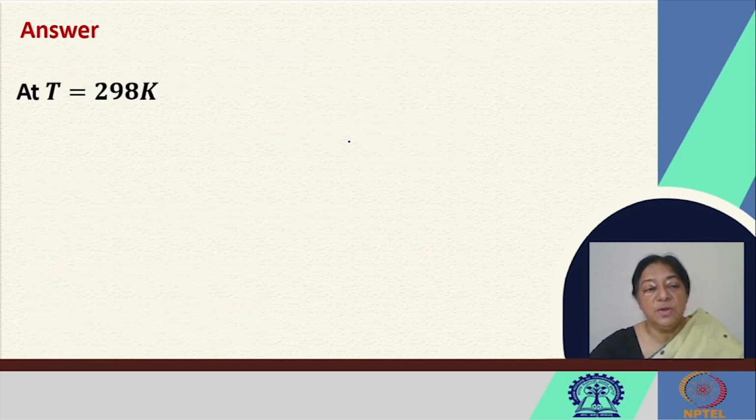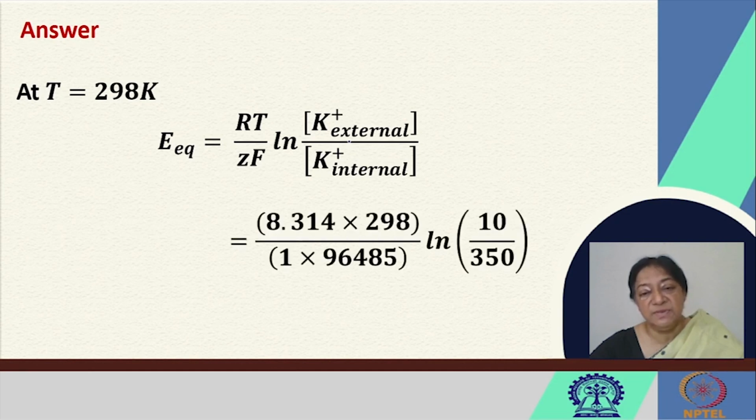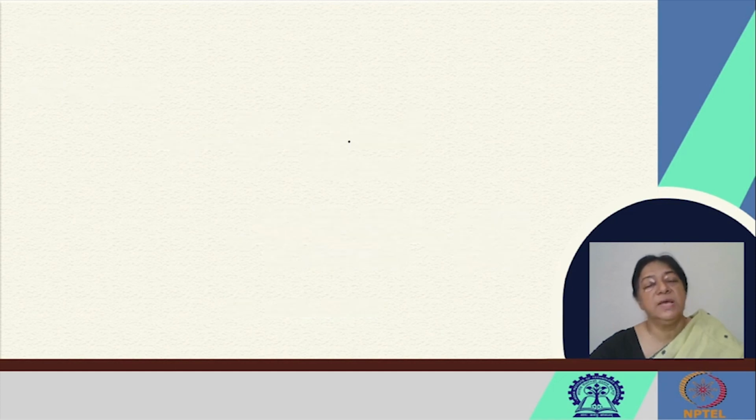If we solve this problem, with T at 298 Kelvin, we find out what the E_EQ is by plugging in the values and we get a value of minus 91.3 millivolt. So that is the answer to that problem.